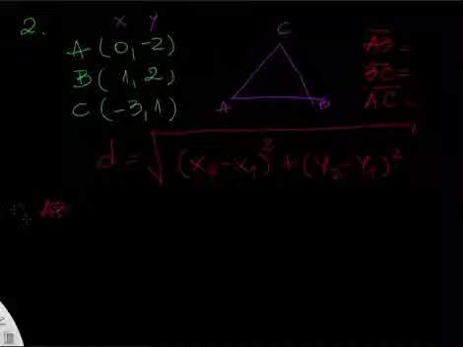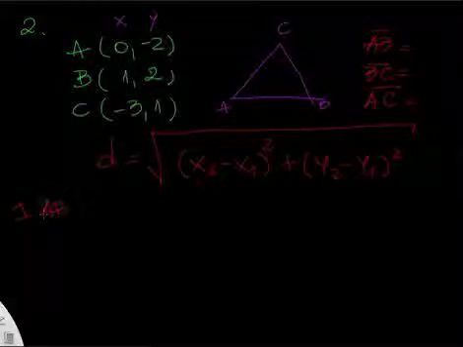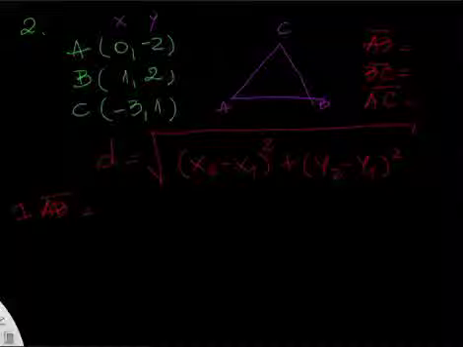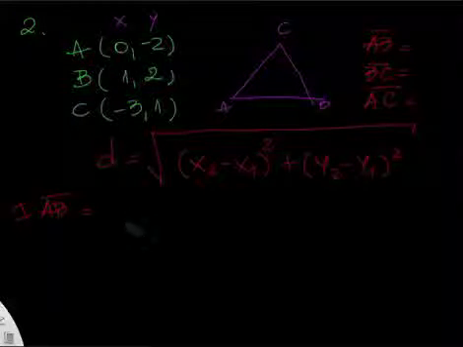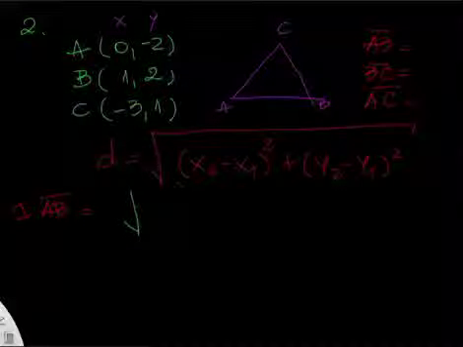So let's start with the first distance, AB, and what we're going to do is just replace. So that distance should be equal to the square root, and what is my x2? Here, what I need to decide is which of those 2 points is going to be the first and the second. It doesn't matter. I just choose 1 and 2.